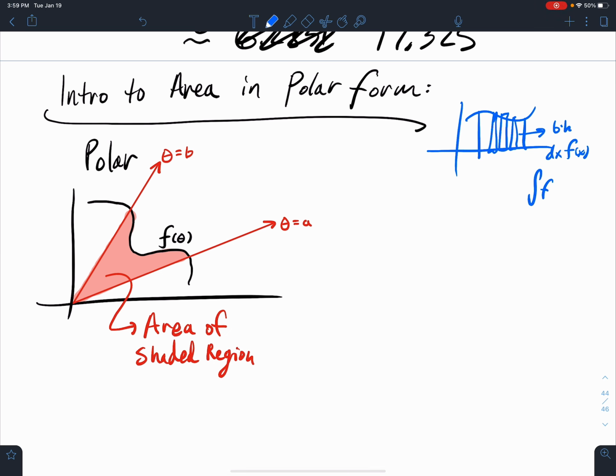And we summed the f of x delta x from A to B, okay? So we're going to take that same approach. We're going to find one little section here, okay? And so one little section ends up looking like a little sector. Now, how do we find the area of some sector?